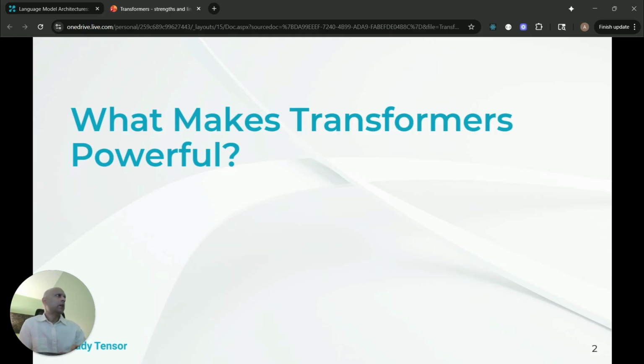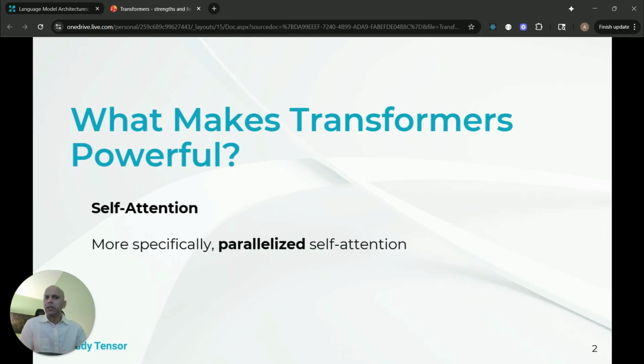What makes transformers so powerful is, the main idea is self-attention. Given a sequence of words or tokens, every token can pay attention to every other token in that sequence and draw its meaning based on that sequence. It's the idea of paying attention to everything that is given to it. That sounds okay, but really self-attention can be created many different ways. What was the really brilliant part of the transformer architecture is the very ingenious way of achieving parallelization.